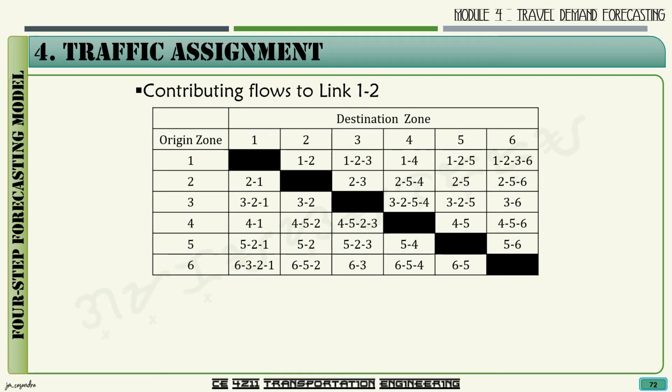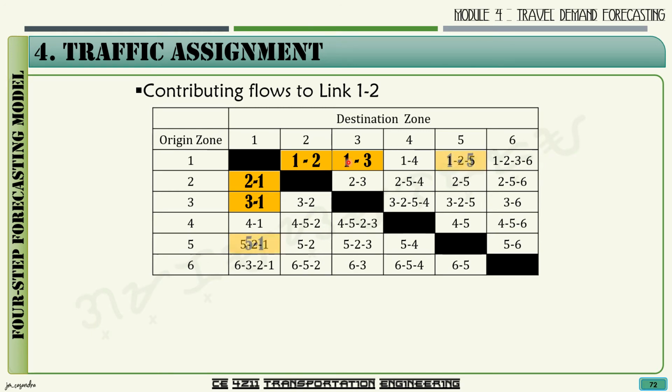Once we have found our shortest links, we identify which of the flows will contain our shortest link. We start first with the first link, which is 1, 2. Another link containing 1, 2 is 1 to 3, or 3 to 1.